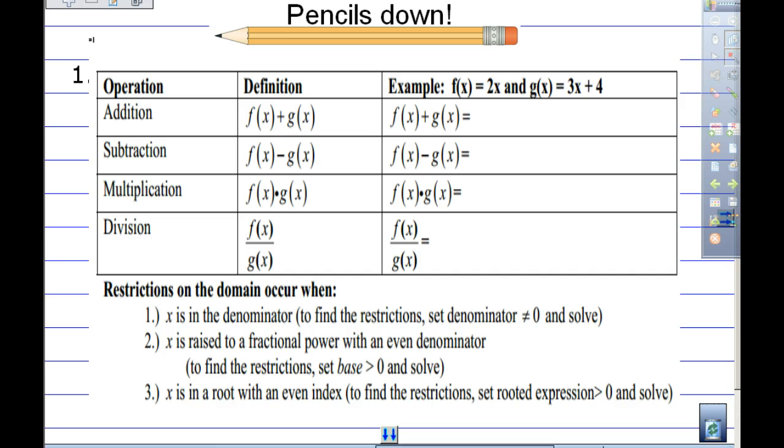All right, so let's start off here. First example. All of this means, if I'm going to add 2 functions, well, take your f of x, technically you want to use parentheses, take your g of x and add them together. What does this equal? If you add these together, 5x plus 4.